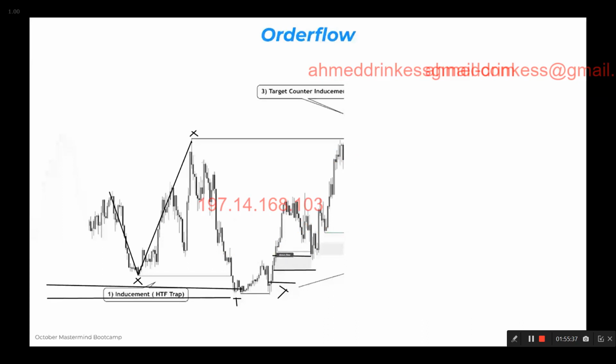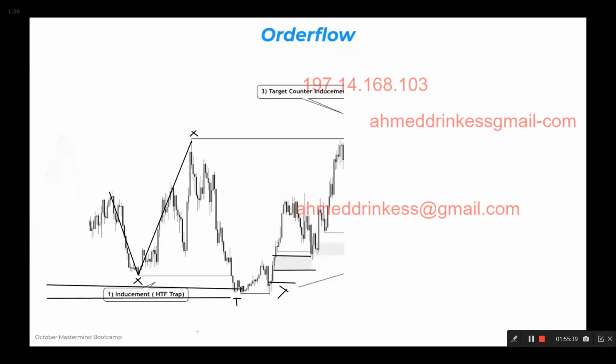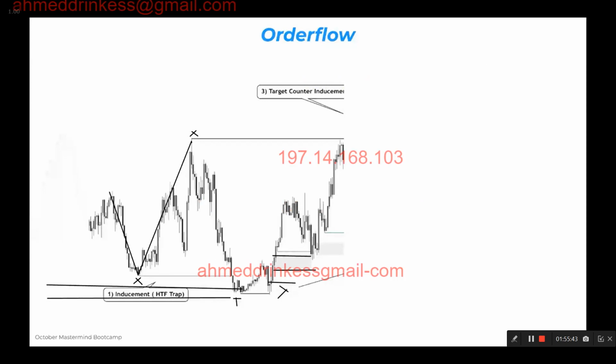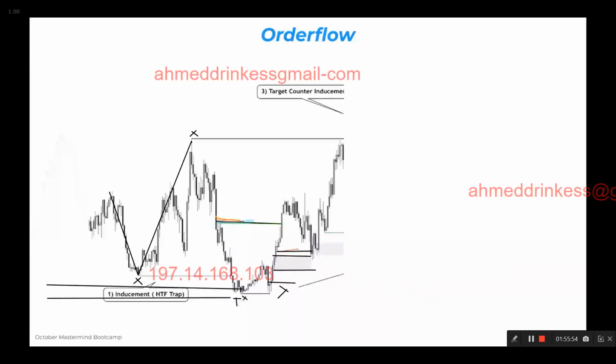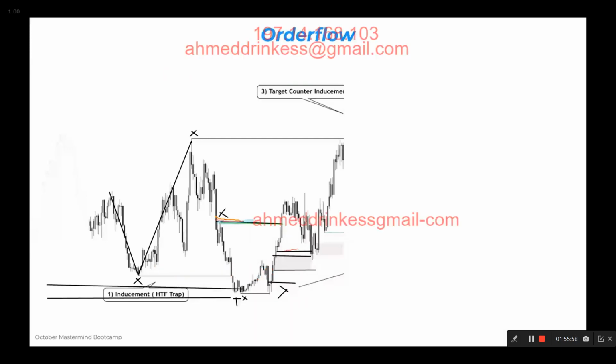Where's the engineered liquidity over here? Where's the engineered liquidity over here? There you go. Yes, you take out what? You have to take out sell. Take out buy. Take out sell.